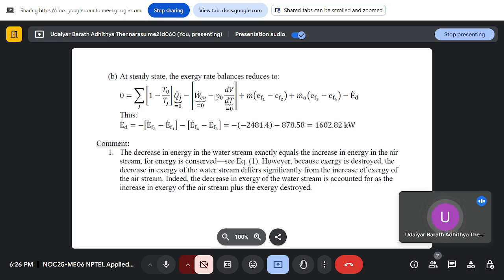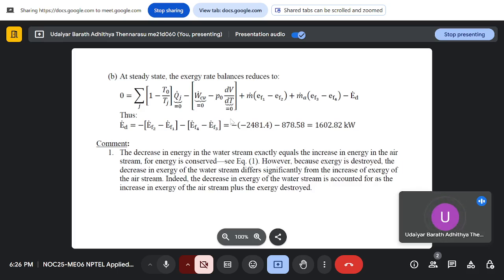The work which I am getting minus W_CV, then the exergy coming in and exergy going out. So in this case Q, W and P naught dV by dt are all 0. So exergy coming in minus exergy going out is equal to exergy destroyed. So exergy destroyed is exergy flow rate change of the water minus exergy flow rate change of my air.